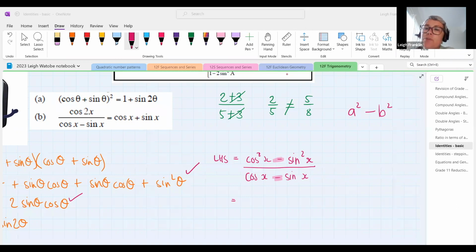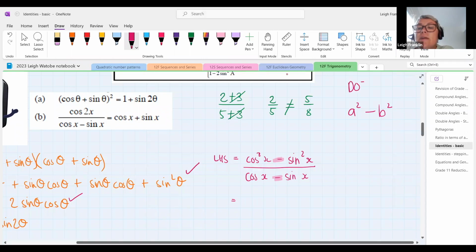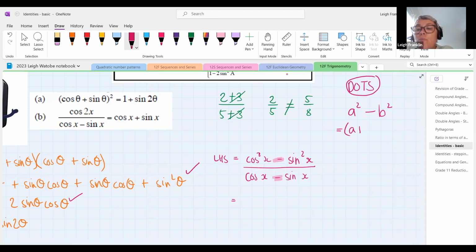I'm going to use an identity here. Remember difference of two squares? When you factorize difference of two squares, your brackets are, for all intents and purposes, identical, but the sign in the middle of the bracket is different. Does that ring a bell?